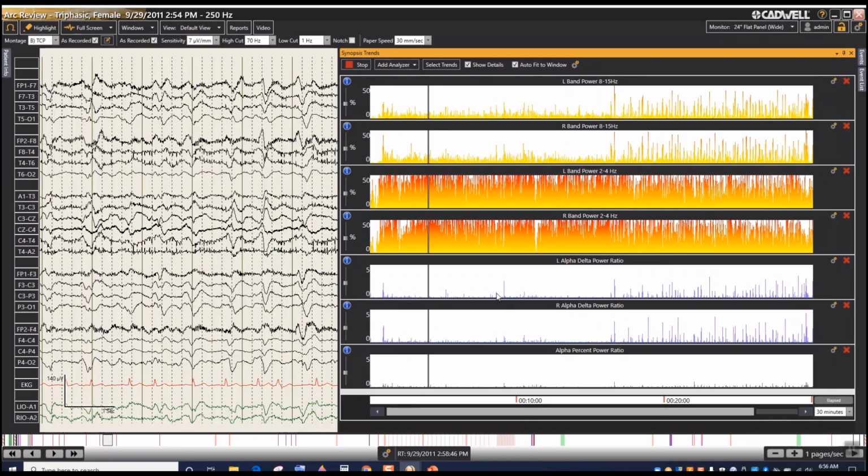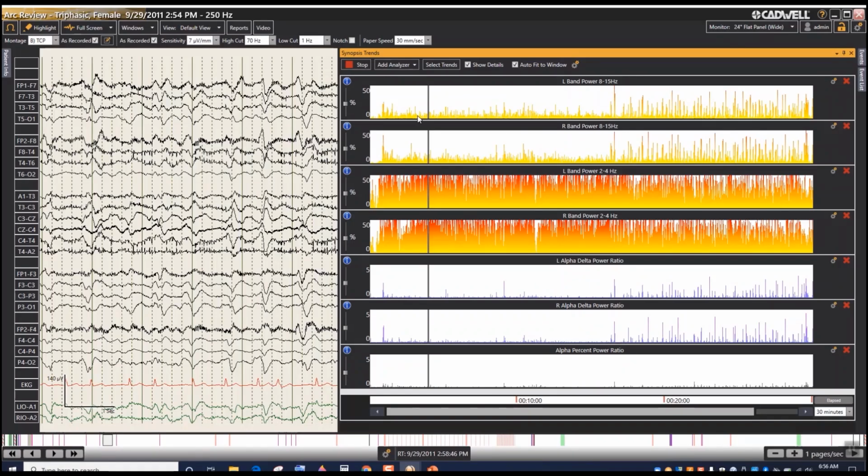And you can see that what we're seeing in the trends at the bottom, we see alpha delta ratio on the left and alpha delta ratio on the right. And in both cases, what you see is a low percentage of alpha in the left band power, and it picks up a little bit as you get towards the end of the study.